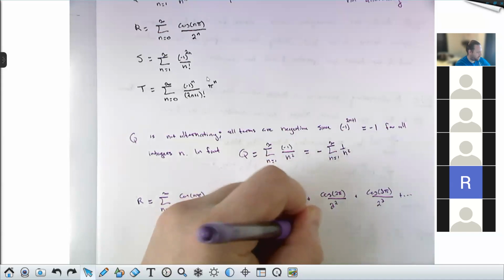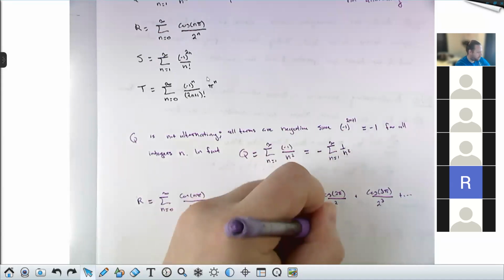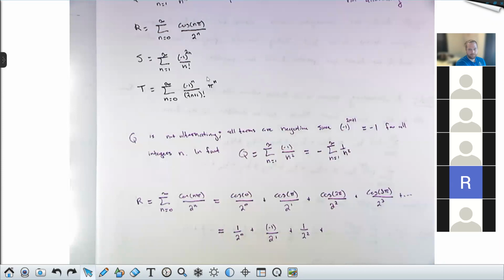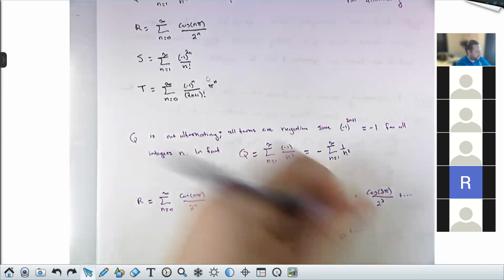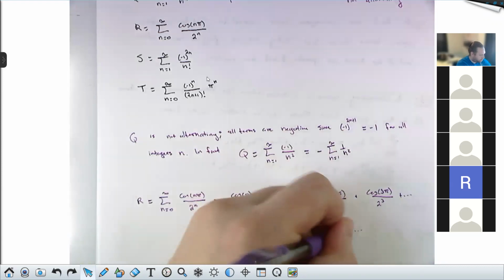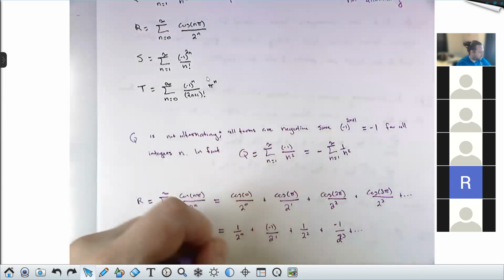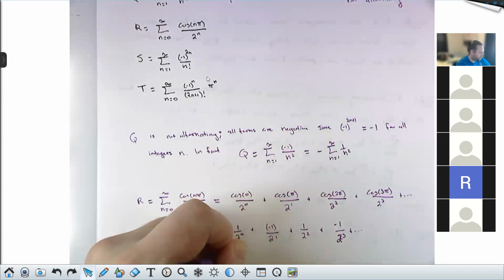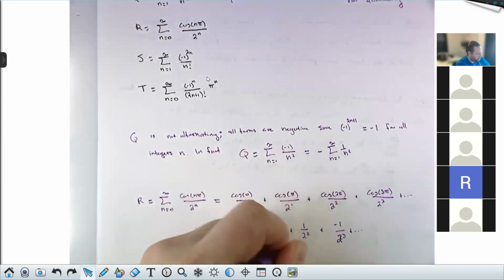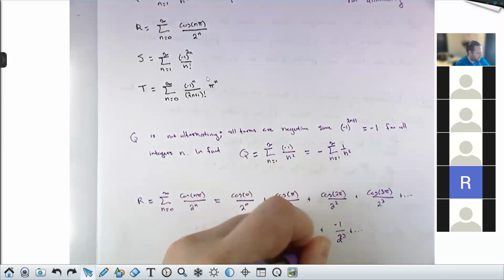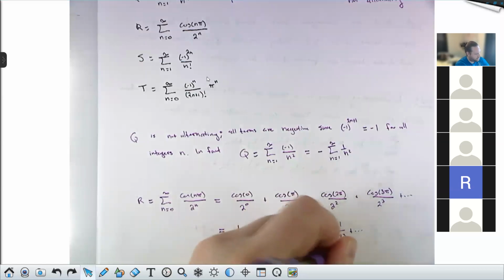Good. So this is 1 over 2 squared plus the cosine of 3 pi. -1. Very good. Thank you, Richard. So it's -1 over 2 cubed, and so on. So this is 1 minus 1/2 plus 1/4 minus 1/8 plus, and so on.